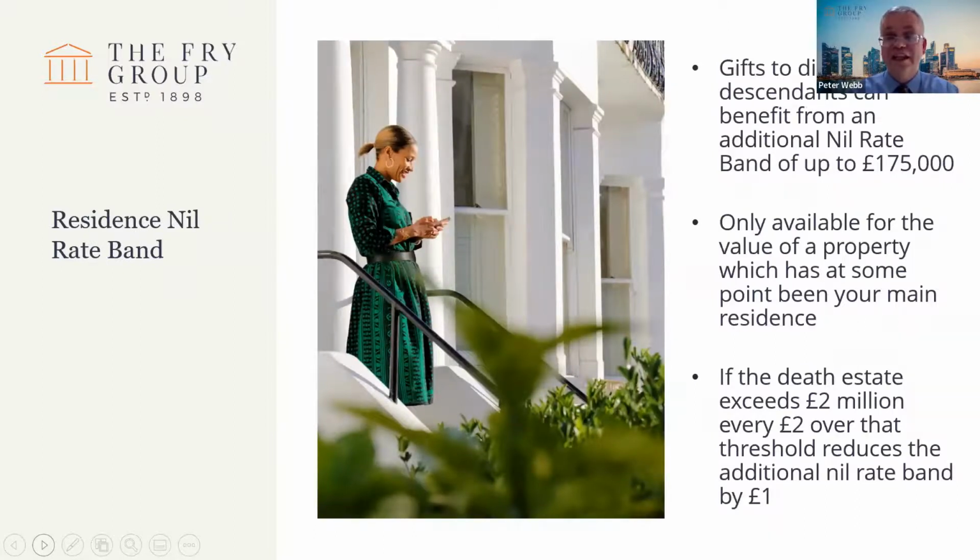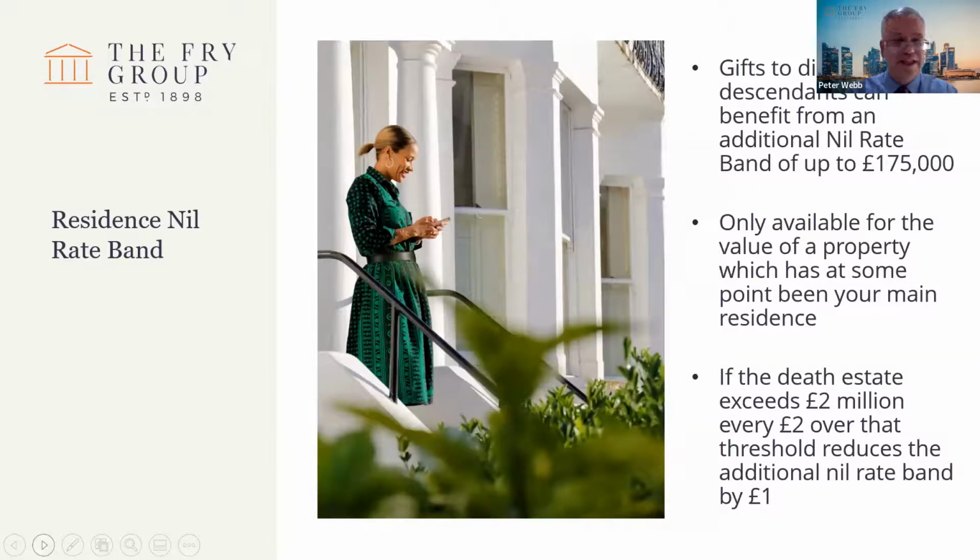In addition to the nil rate band, there is a residence nil rate band. So gifts to direct descendants can benefit from this additional residence nil rate band, and it's up to £175,000. But this additional residence nil rate band is only available for the value of a property which has at some point basically been your home.